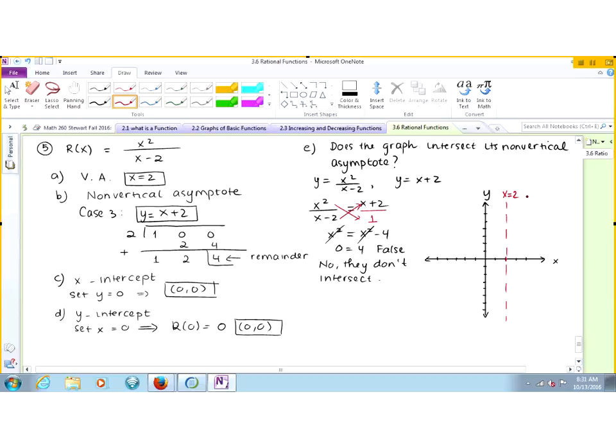Y is equal to x plus 2. How do I graph y equals x plus 2? The slope is 1. The y-intercept is 2. Okay. So you start at 0, 2, and then go up 1, go to the right 1. So this is y equals x plus 2.